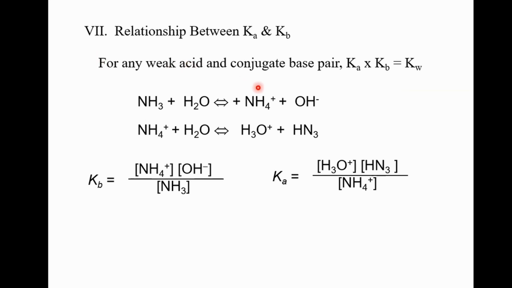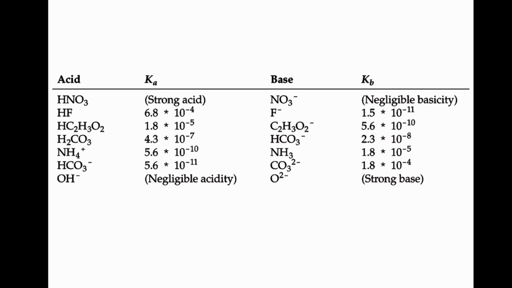For any weak acid and its conjugate base. And then we get to my favorite word, logify this equation if we need to, and go pKa plus pKb equals pKw.